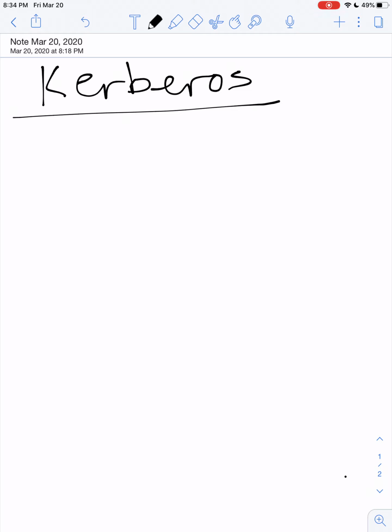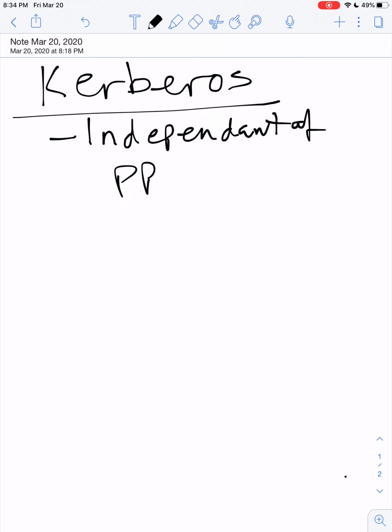Kerberos is an authentication protocol. It is independent of the point-to-point protocol. So they are separate protocols, and the point-to-point protocol is really old.